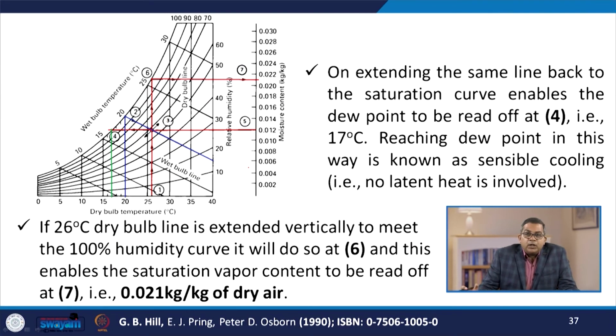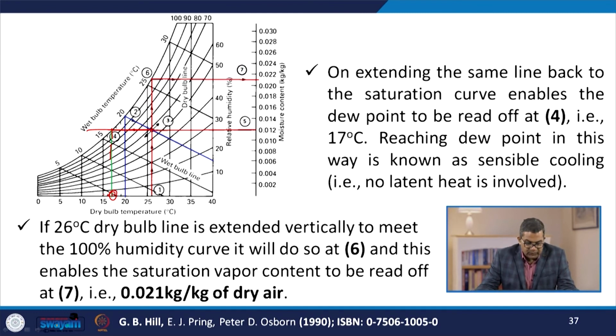Now if we extend the same line back to the saturation curve here, this gives you the information pertaining to the dew point, and that is nearly 17 degrees Celsius. Now reaching the dew point in this way is known as sensible cooling. There is no latent heat involved.